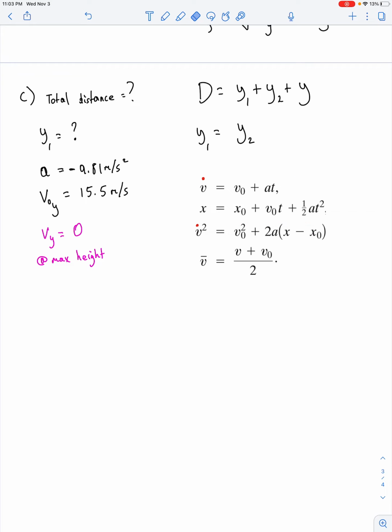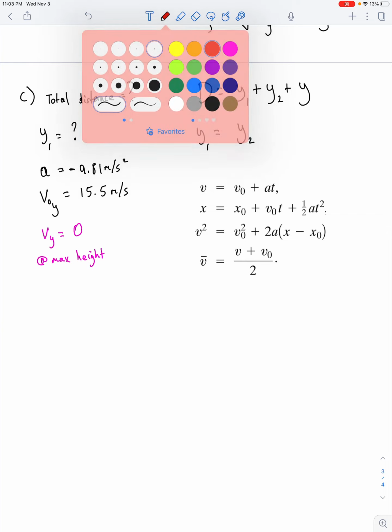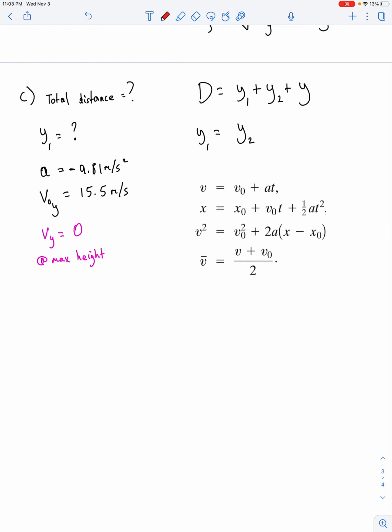And you could see all we're doing is repeating the same scenario that we did before. So we're looking for y, so I need something with y in it, or some displacement. So automatically this is gone, this is gone. So then I check. I'm looking for y, yes, this is 0. Yes, I have my v0y. Do I have my t? No. I have a, don't have t. So I need t here.